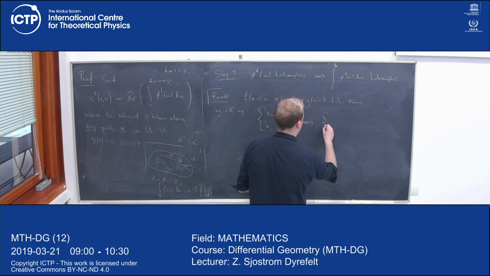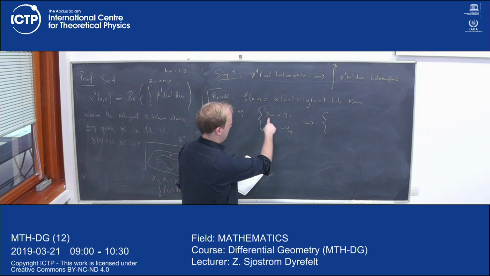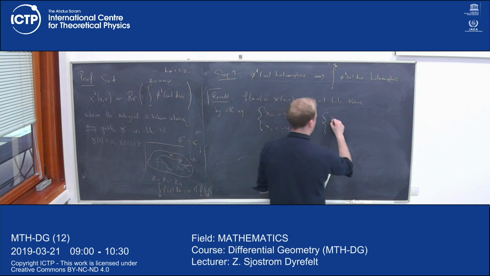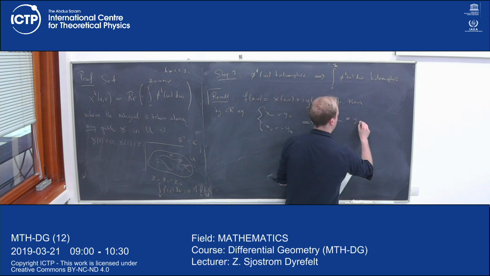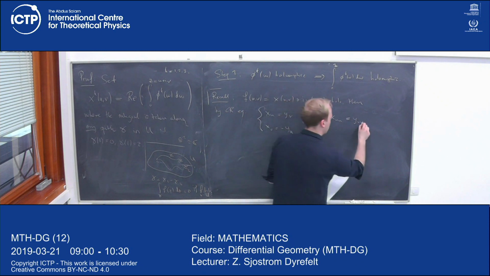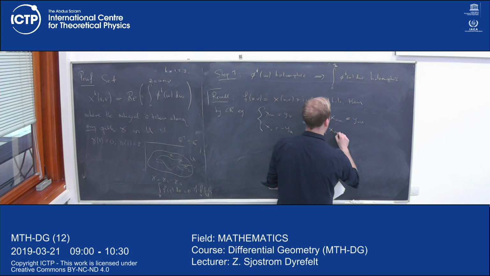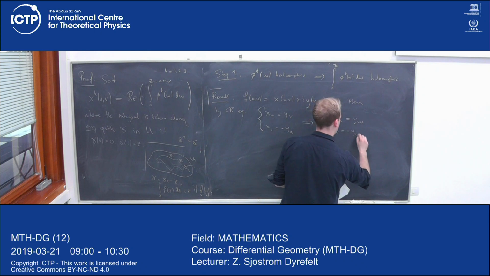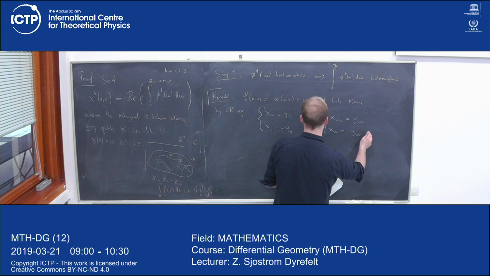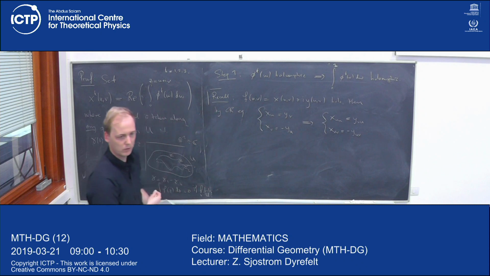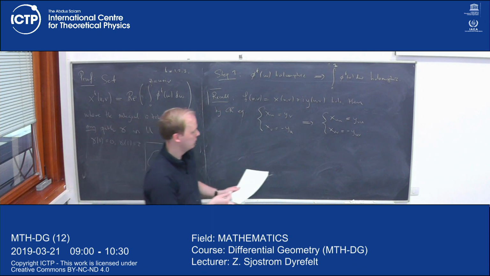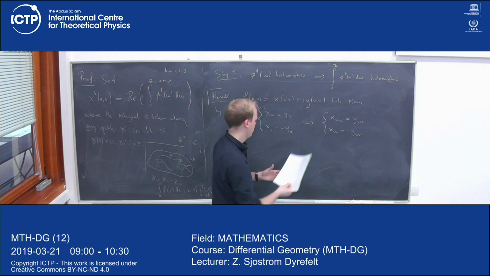So this implies that if I look at x_uu, then this is equal to y_vu. And if I differentiate the second one, I get that x_vv is equal to minus y_uv. But then I can add these two up.